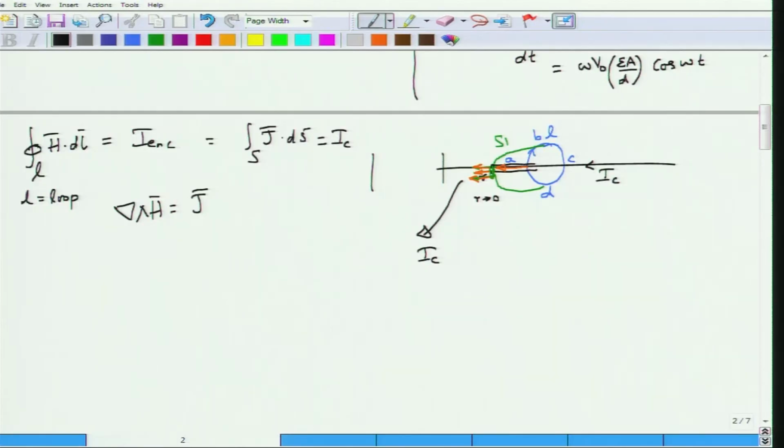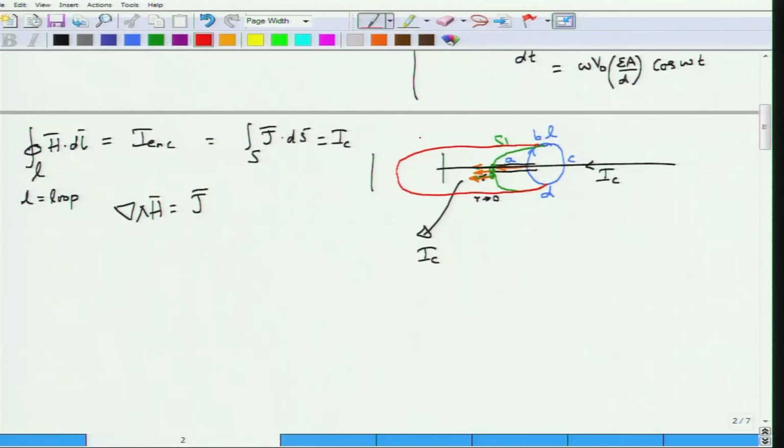To answer this question, let us imagine going to a different surface. Remember, there is no restriction on the surface I consider to apply the right hand side of Ampere's law. All I am required to do is that the surface is bounded by the same loop A, B, C, D, A. So let me now consider a surface which goes in this way.